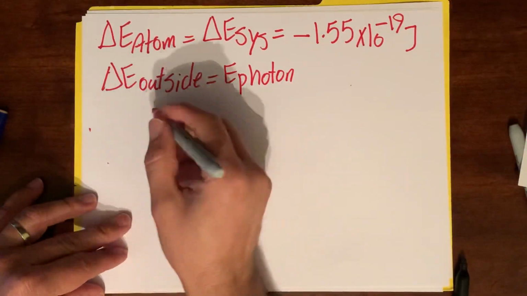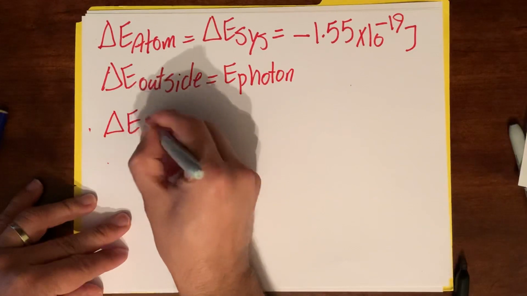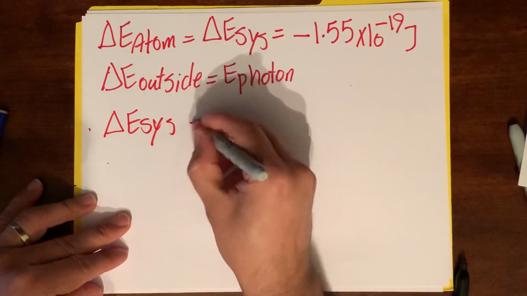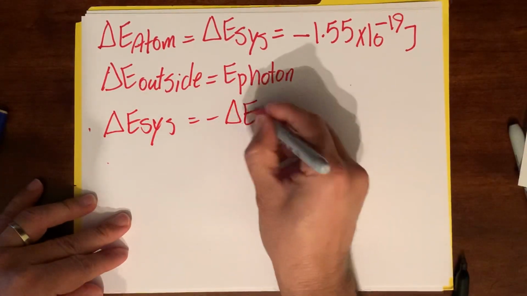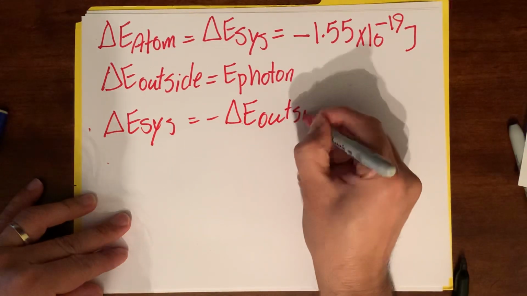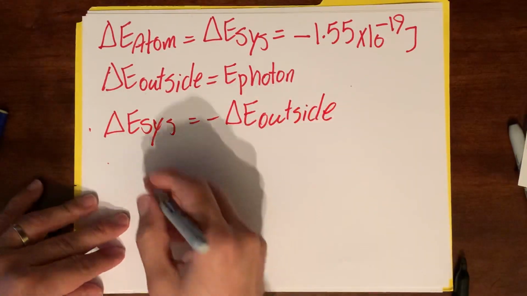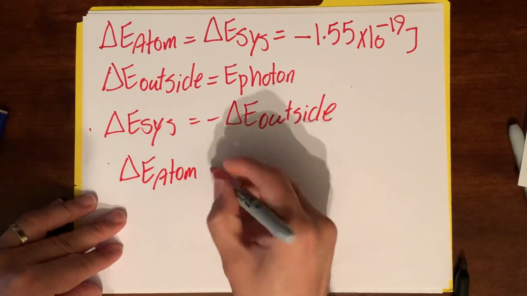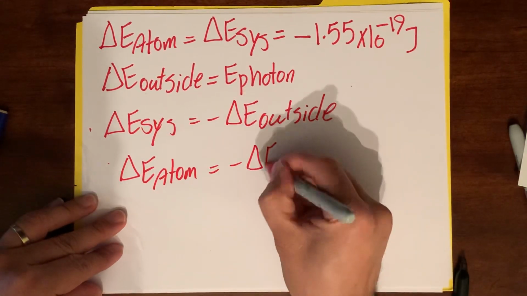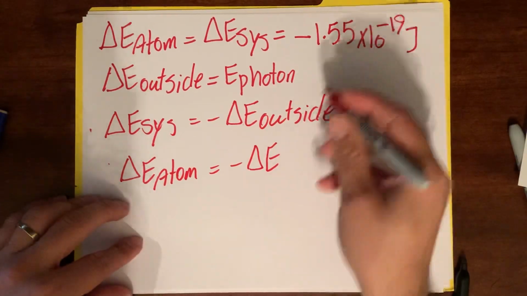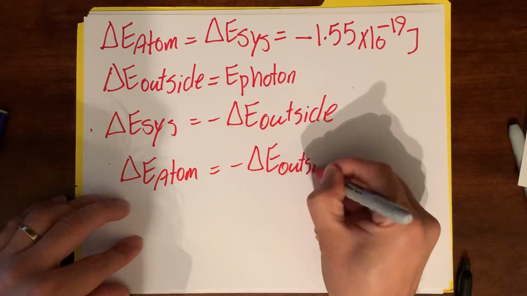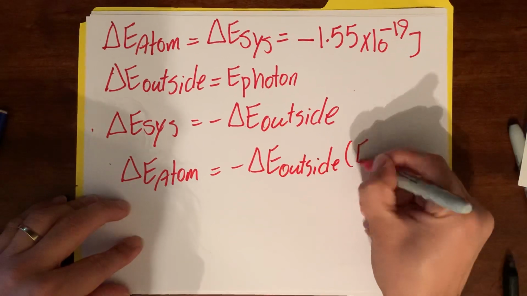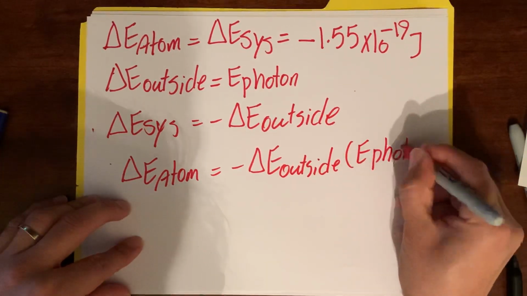Okay, so delta E of the system equal to minus delta E of outside, delta E of the atom equal minus delta E of outside, equal to energy of the photon.